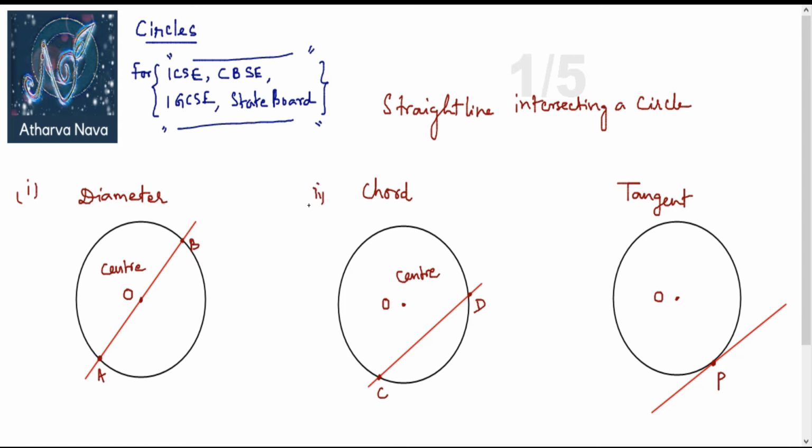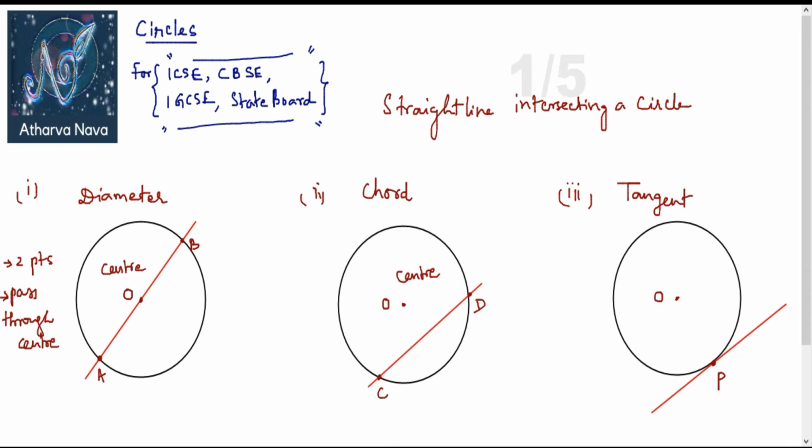One in which you have 2 points intersecting and it is passing through the center, then it's called a diameter. One which is passing through 2 points on the circle and also through the center is called a diameter.